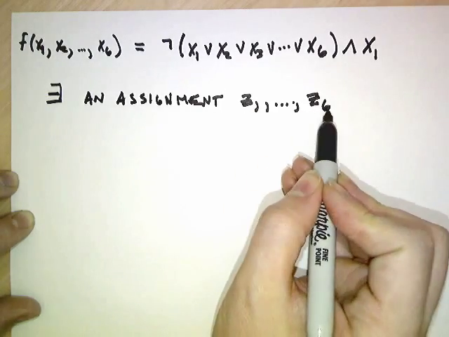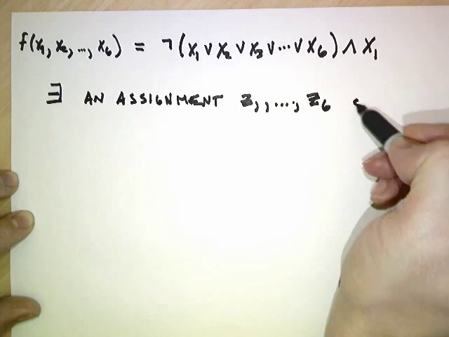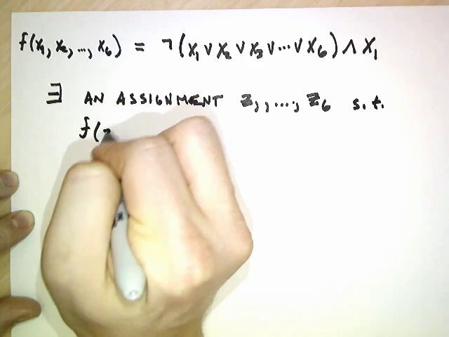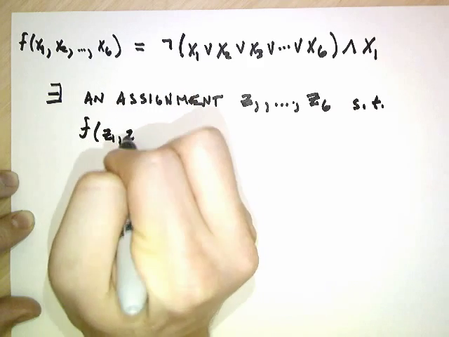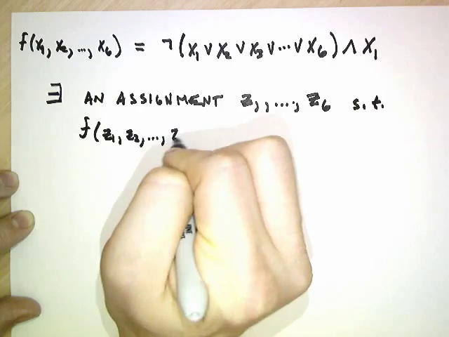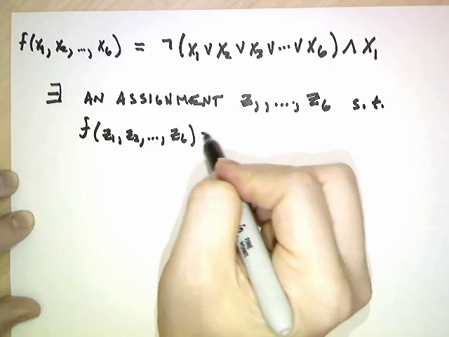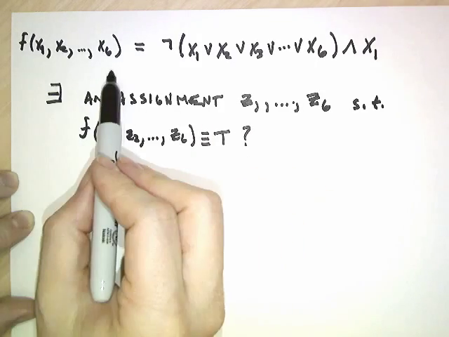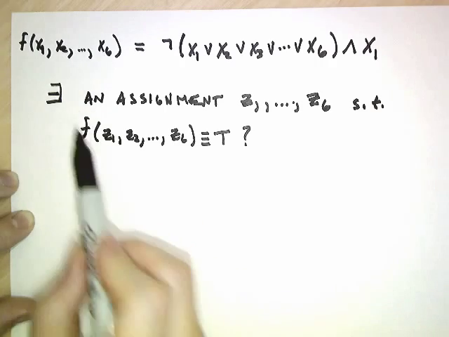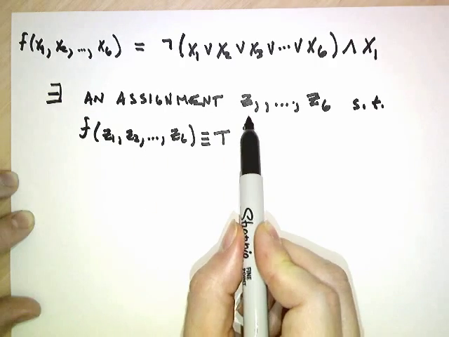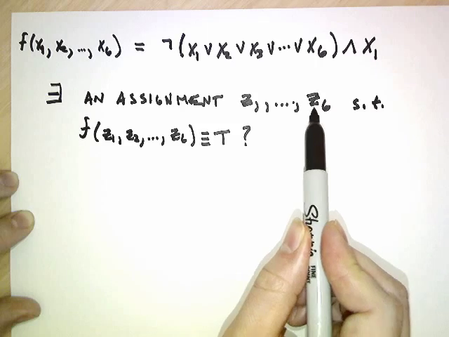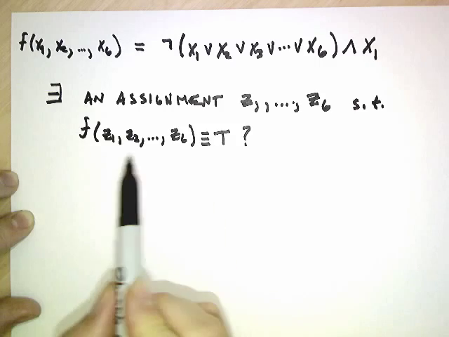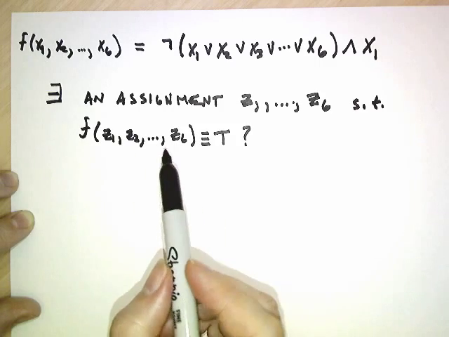Does there exist an assignment z1 through z6 such that f of z1, z2 through z6 simplifies to true? Right? This is the definition of being satisfiable. It means there exists an assignment of true-false values such that when you plug in those true-false values into f, your expression simplifies to true. Now, that's the question we're interested in.